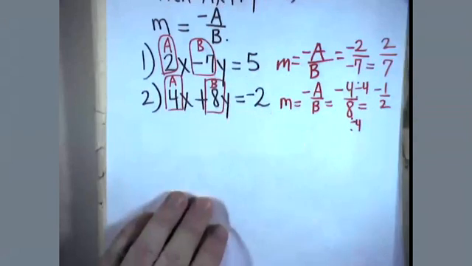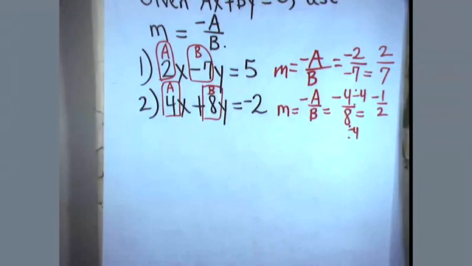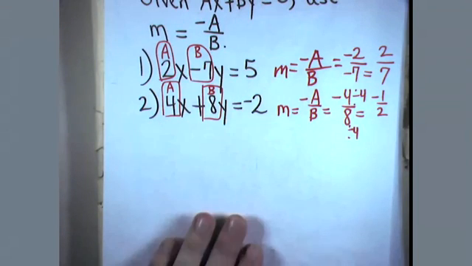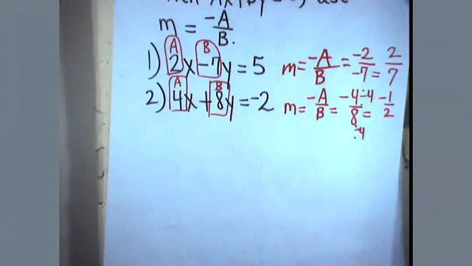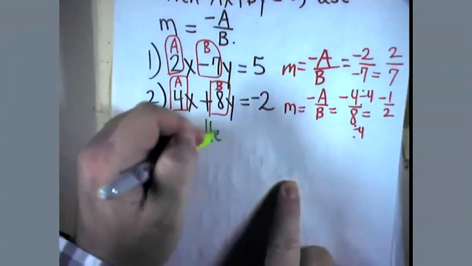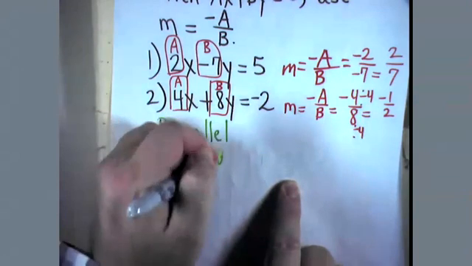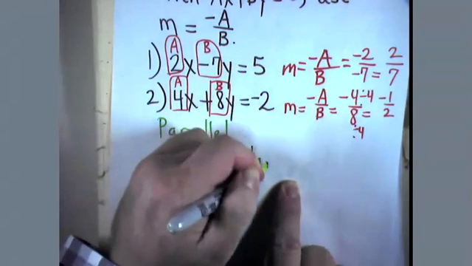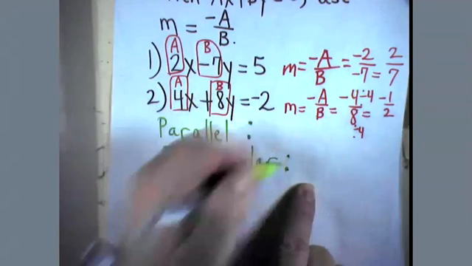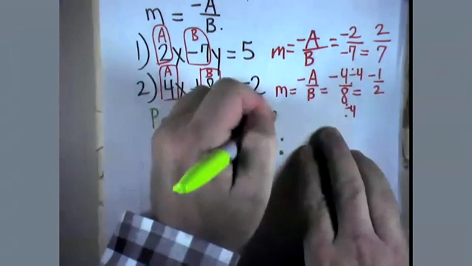I want to go over one example with you on why we'll be using this particular formula to help us. But first of all, let me go over the difference between parallel and perpendicular lines. How you know that lines are parallel is if they have the same slope.